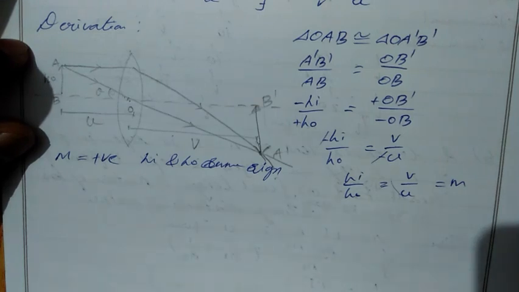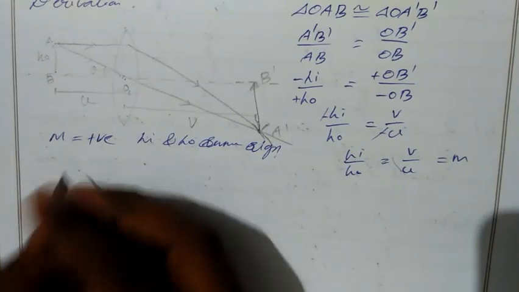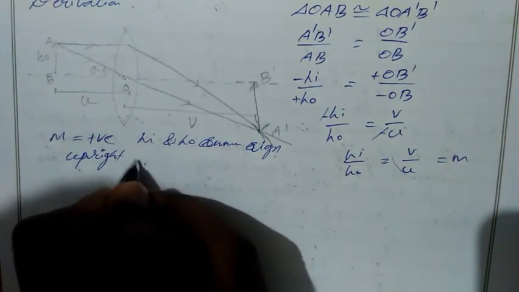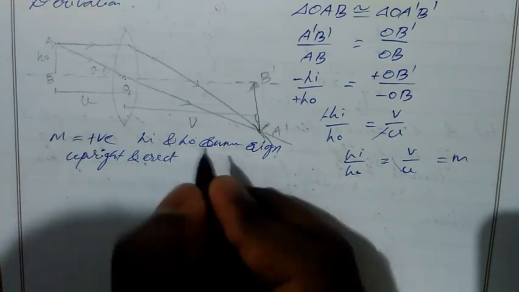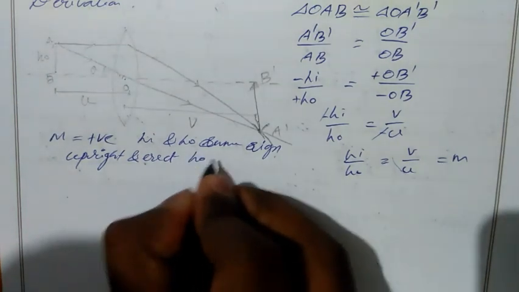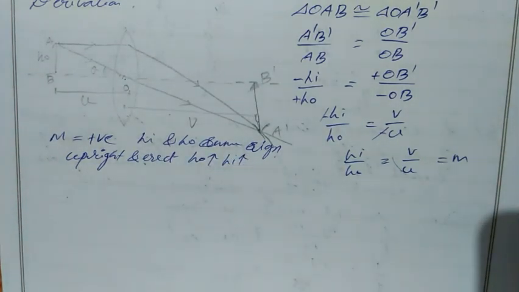Also the nature of the image: the nature is upright and erect. Both the height of the object and the height of the image are upwards.